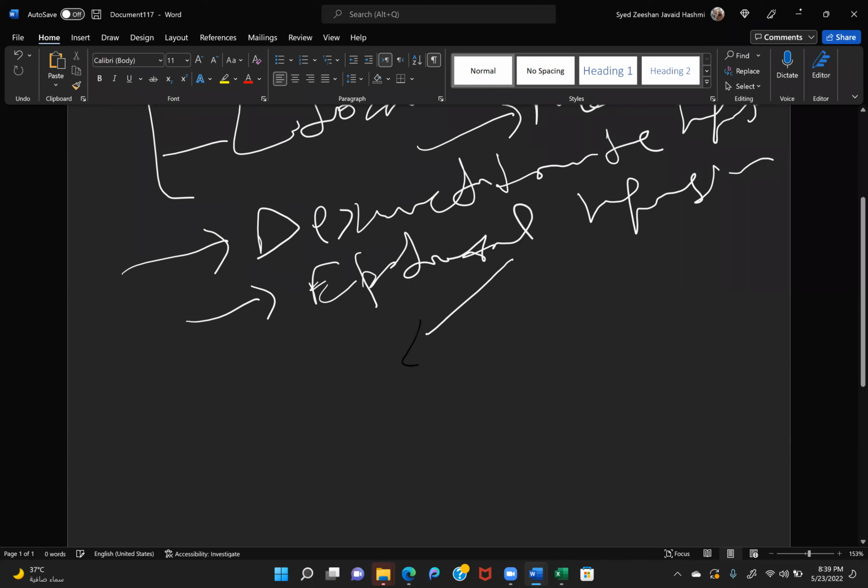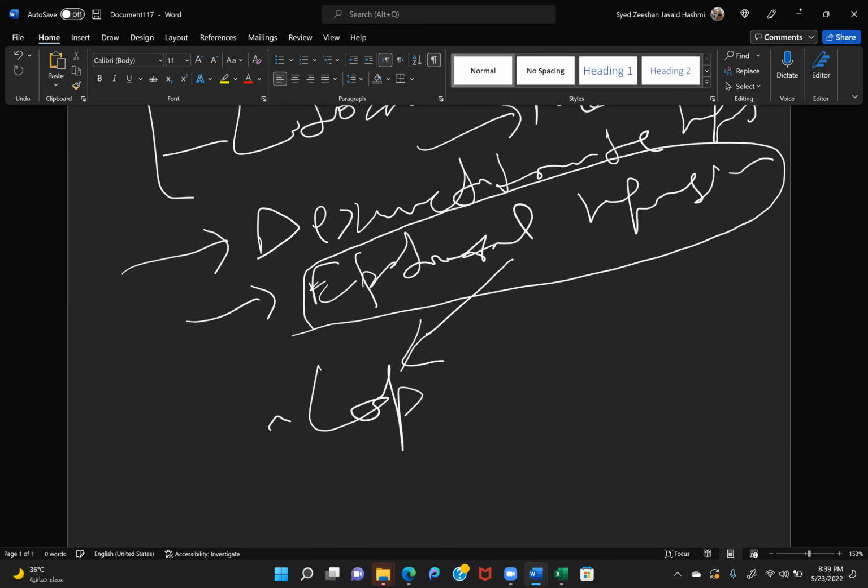Remember one thing, just for information: in laparoscopic surgery, the role of epidural is relatively decreased, because the laparoscopic approach is different and the incision is not that big. I'm not saying that it cannot be used, but the role of epidural has relatively decreased.